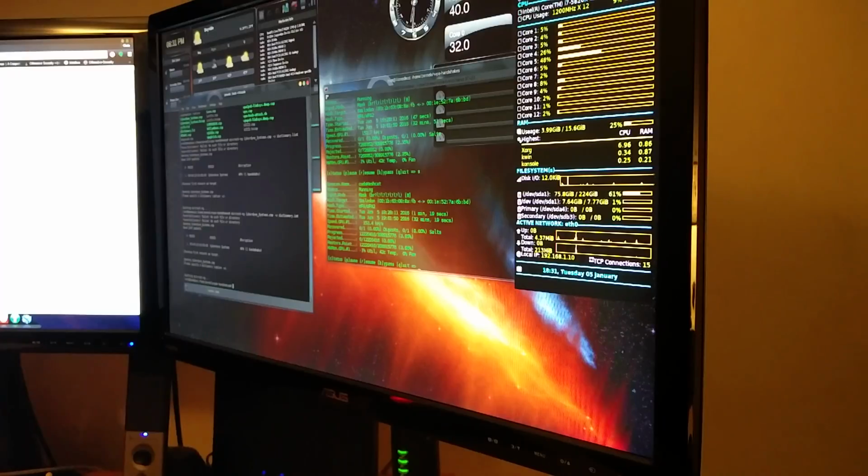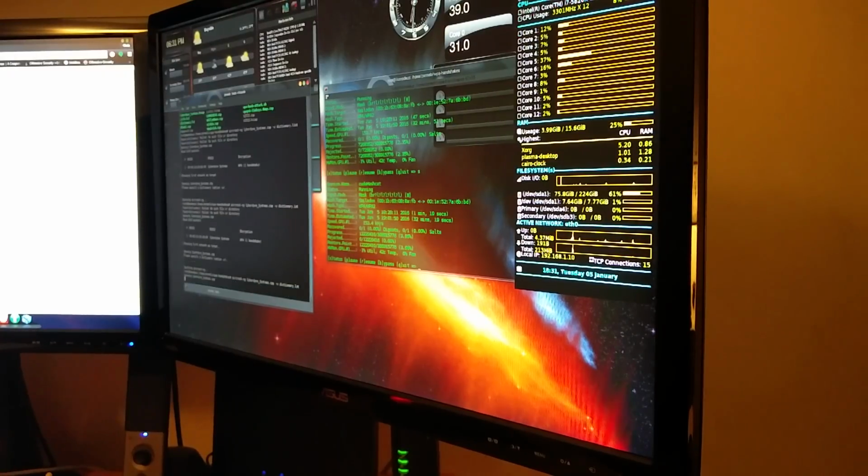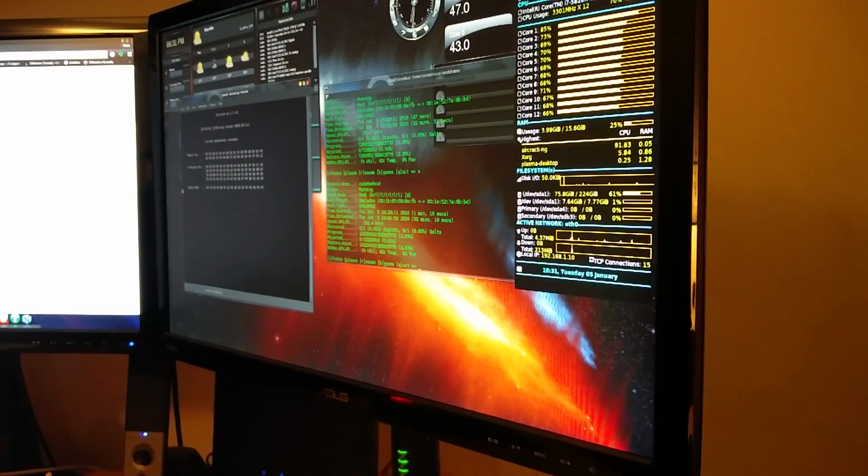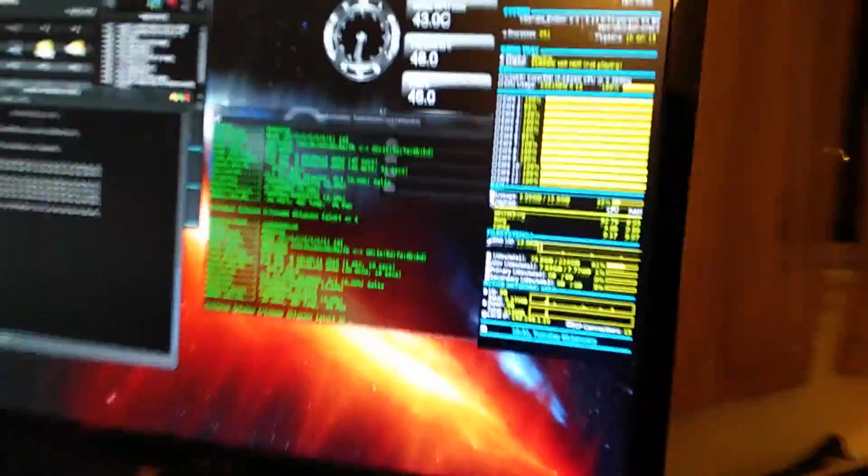Okay. There it is. Okay, so now that's running, and if you'll notice that now our CPU temps just went off the hook.